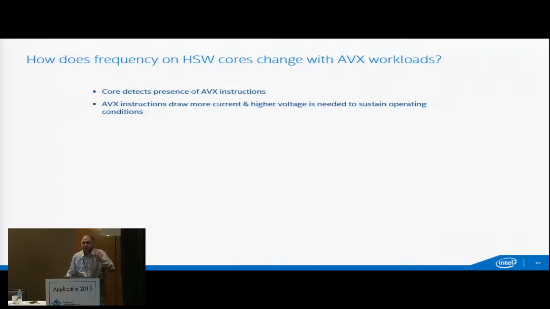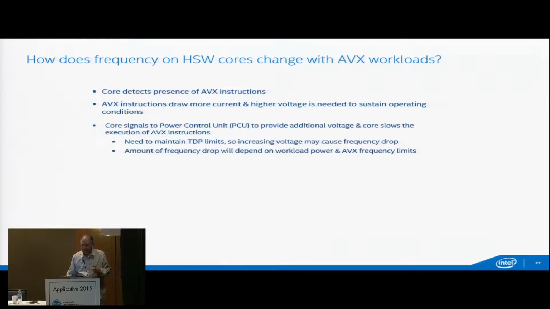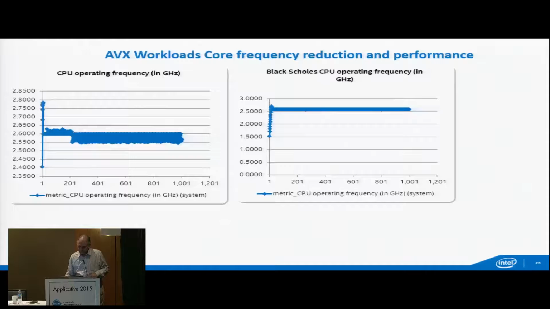You still see a much better benefit because of the wider registers. I've taken real production workloads and looked at the amount of difference. There's very little. Forget the thing on the left, it's just a transient. But you see it's between 2.55 and 2.6 gigahertz. That's the drop when you use AVX constantly.